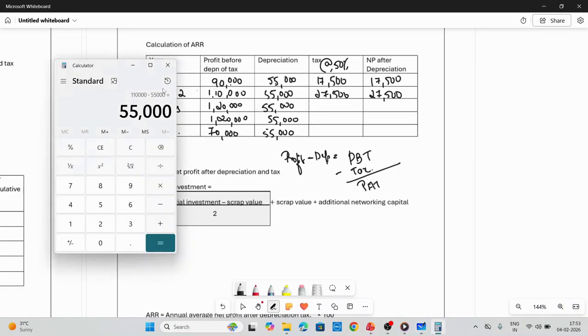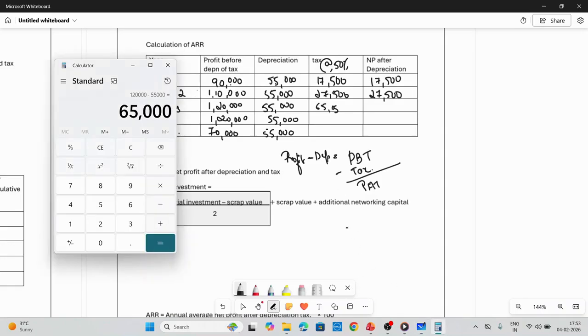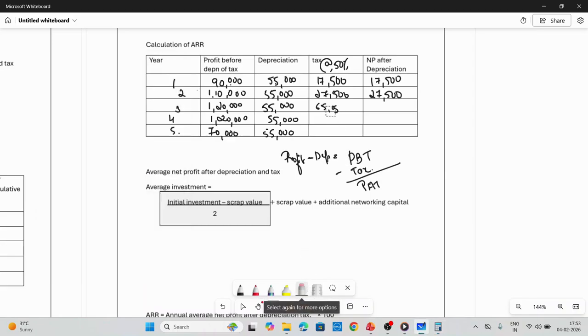So 1,20,000 minus 55,000 is 65,000. 65,000 at 50% is 32,500.